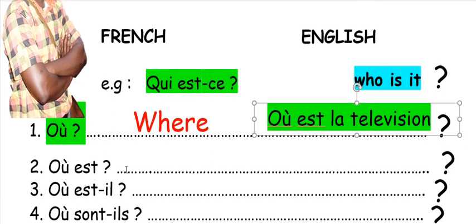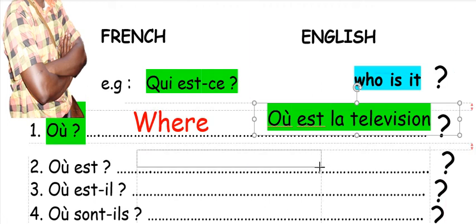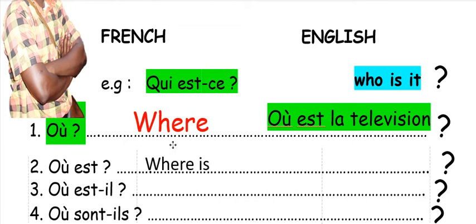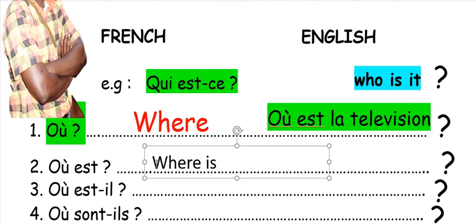"Où est?" Where is? Are we together? "Où est" stands for "where is." So we're going to write it down: where is? "Où est-il?"